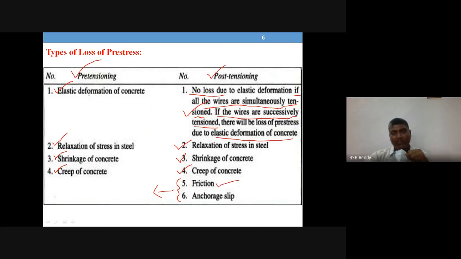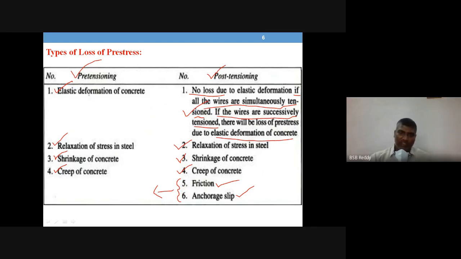Loss due to friction will be there because the tendon will move inside the duct. So there will be frictional losses, and there will be anchorage slip because once you pull the tendon, we use different anchorage devices which we talked about, like Freyssinet, Gifford, plenty of them. We use all those anchorage devices to grip the tendons, so the slip will occur, and that will induce losses.